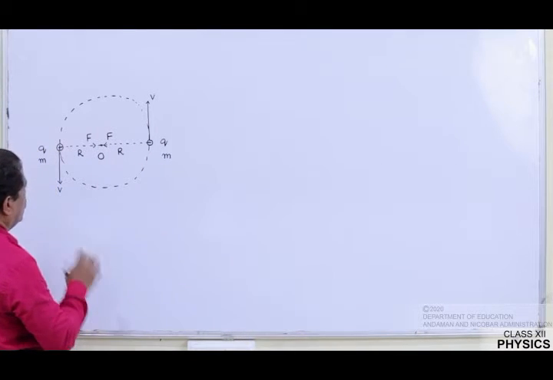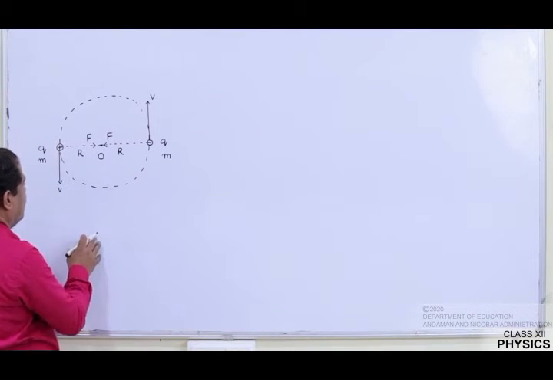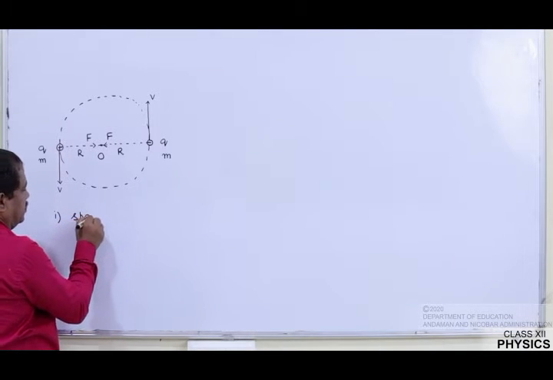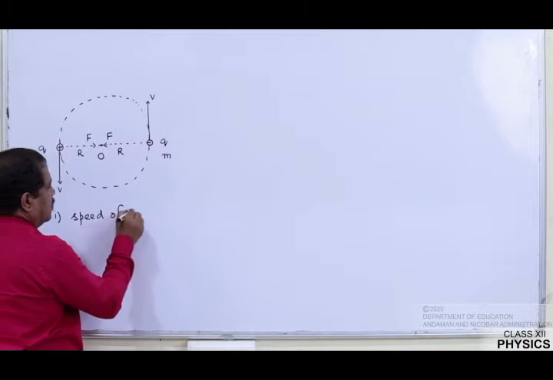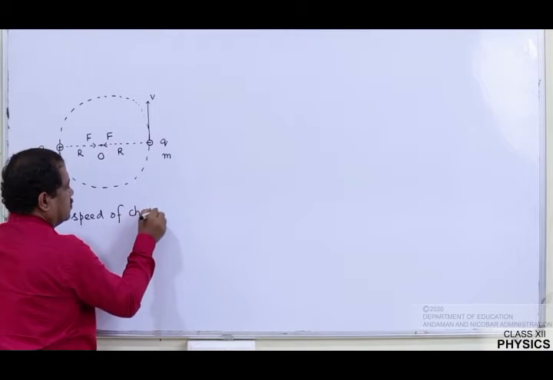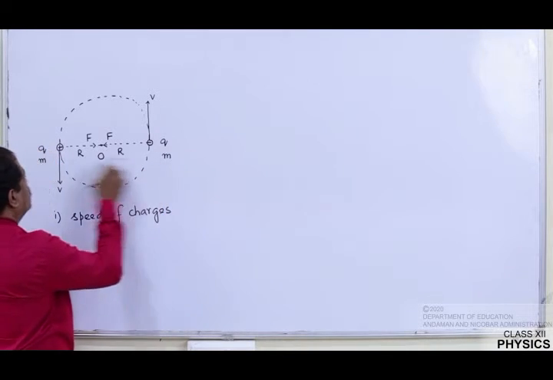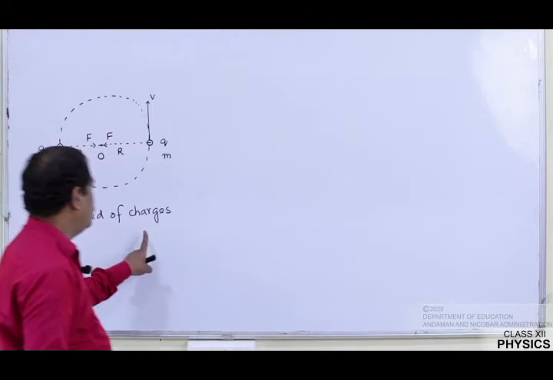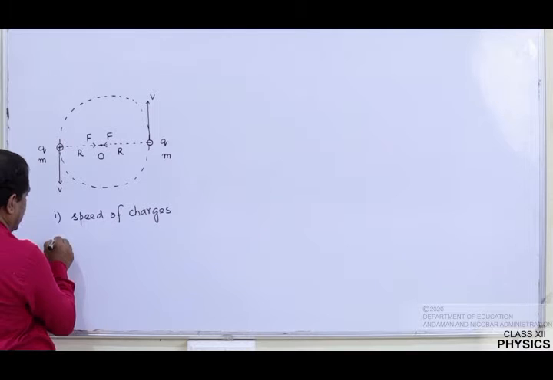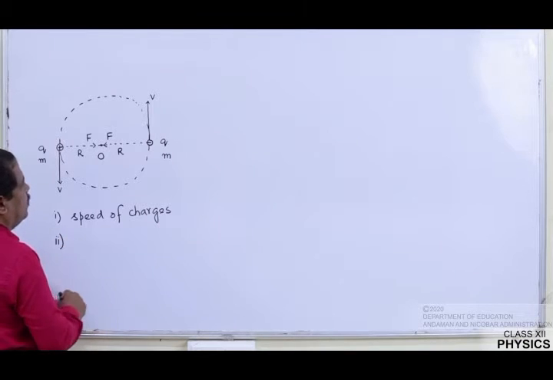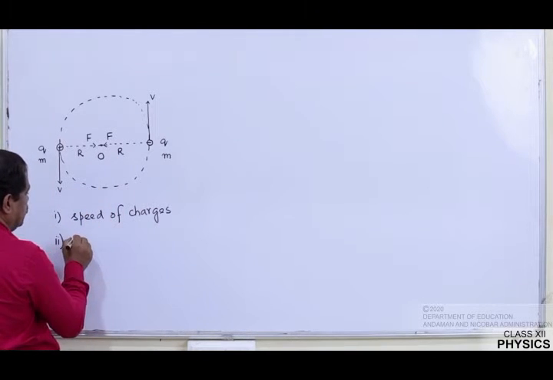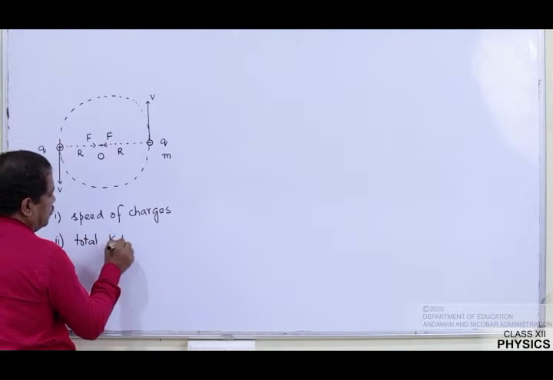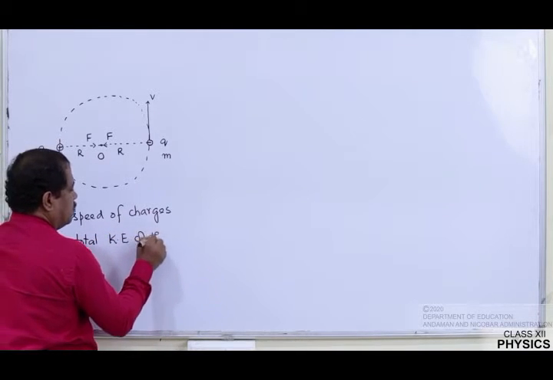What is my question? My first question is, I have to calculate the speed of the charges. As I said, the masses of the two charges are equal, so the speed of the two charges will be equal. So I need to calculate this. Second question: I want to calculate the total kinetic energy of the system of two charges.